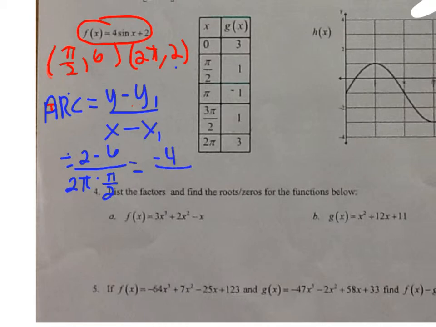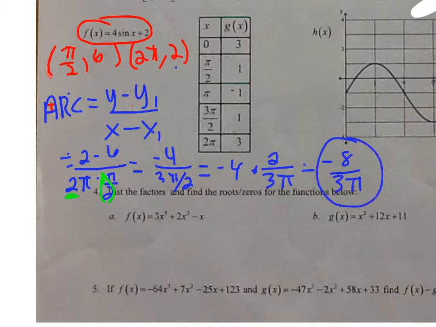So all you're going to plug into your calculator, because we have to keep the radians, is 2 minus 1/2 here. So plug that in your calculator. That's okay. You're going to get a fraction. We're going to leave it as a fraction. So it's 3 pi over 2. Now we're going to do same change flip. So it's negative 4 times 2 over 3 pi, which is negative 8 over 3 pi. Now, this is your average rate of change.